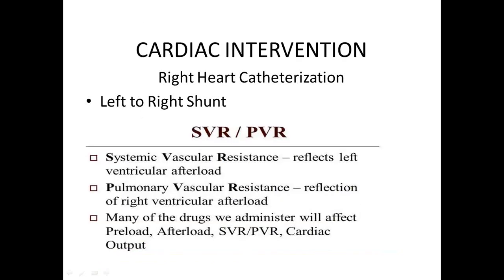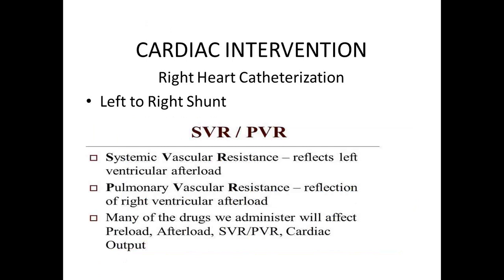Okay, again, your systemic vascular resistance reflects the left ventricle's load. That's the resistance that the left ventricle has to overcome to pump the blood out. And then your pulmonary vascular resistance reflects the right ventricle's load. So that is the resistance that the right ventricle has to overcome.